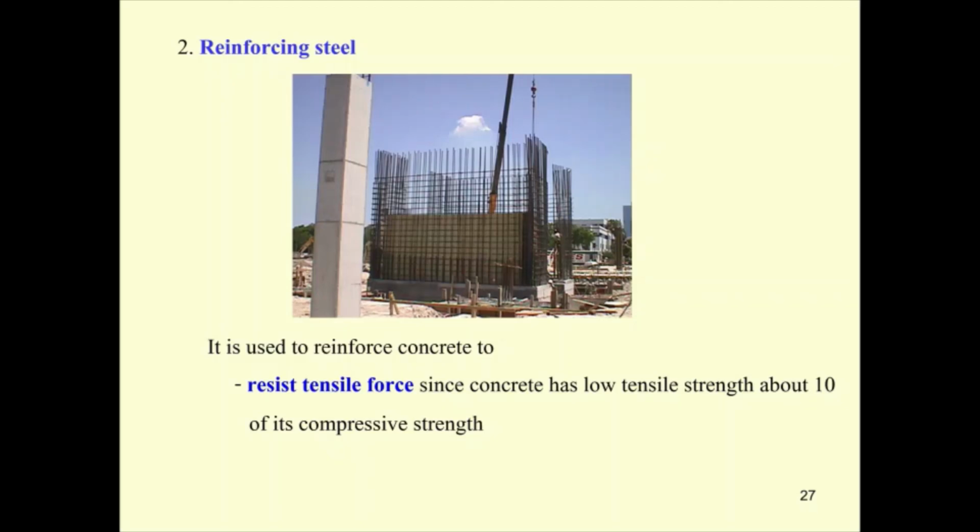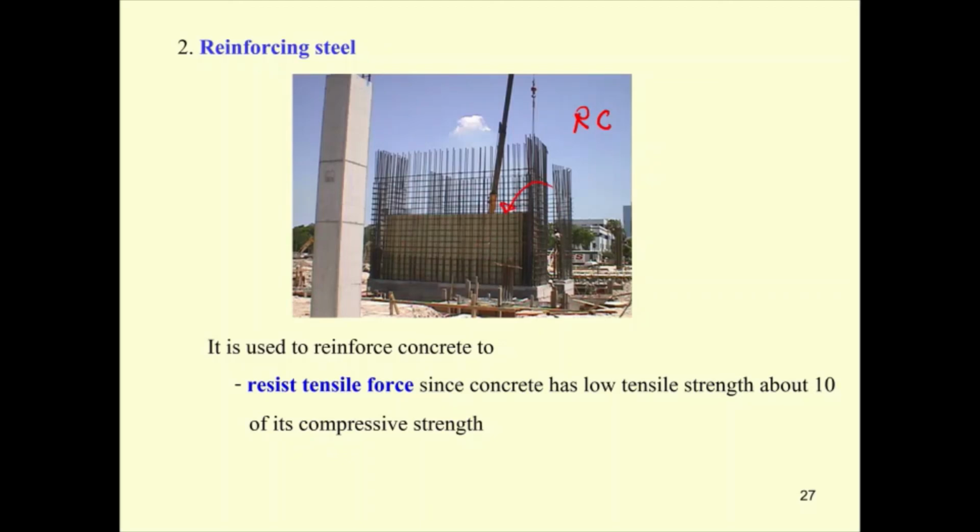You know this one. This is for reinforced concrete. We put the steel in a proper manner, following the design that we specified. Then we put the formwork to cover it, and then we pour the concrete.